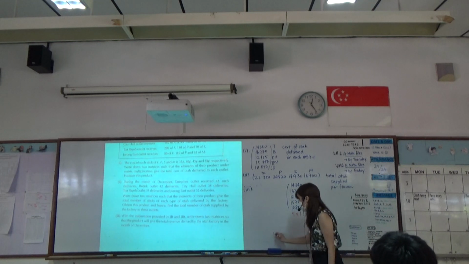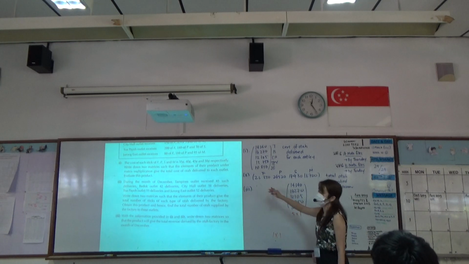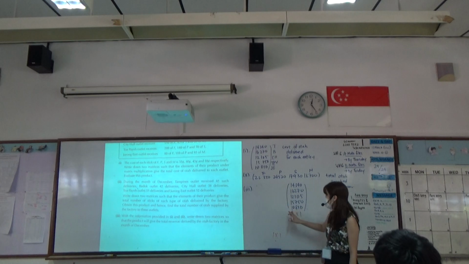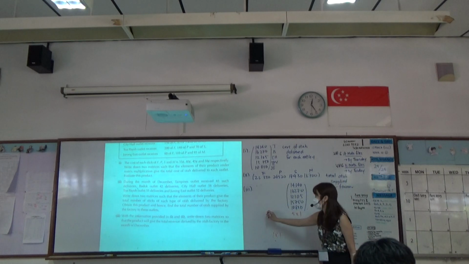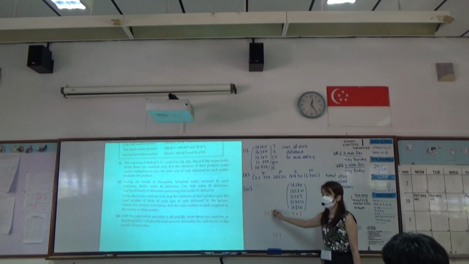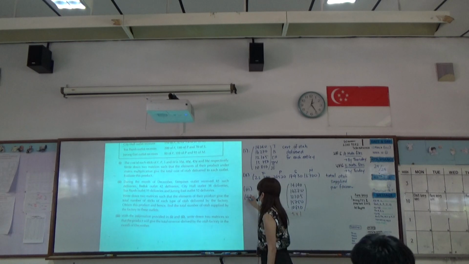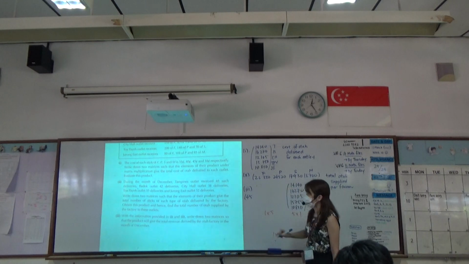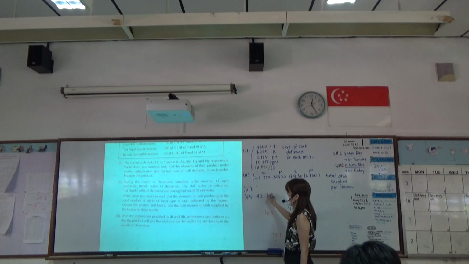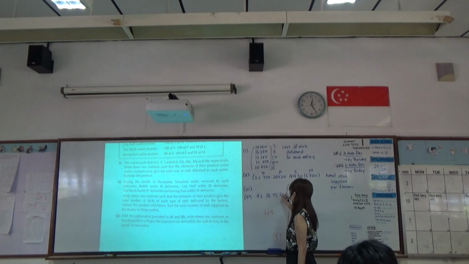I must have a 1 by 1 answer. So therefore, I need to multiply something on the left so that I have 5 and 5 over here. And then I must have a 1 by 5 matrix. So this 1 by 5 matrix will be our number of deliveries in that month: 45, 42, 38, 55, and 52.